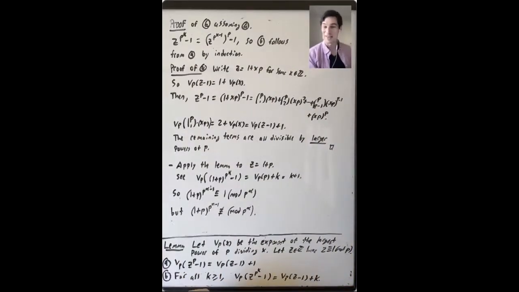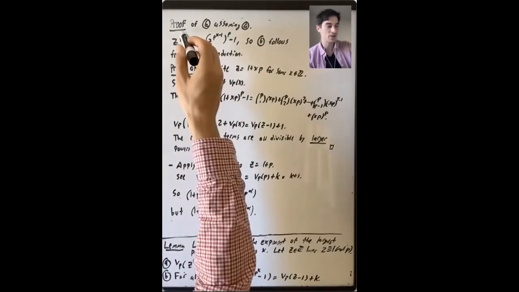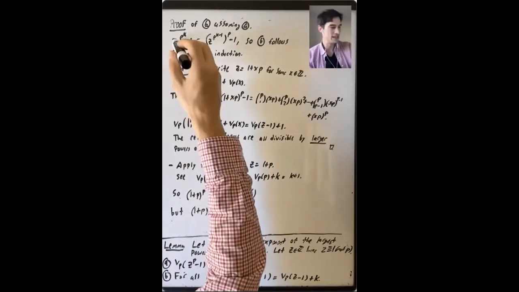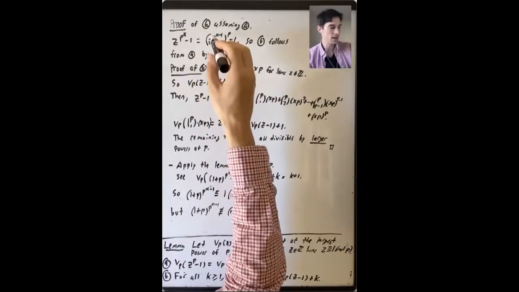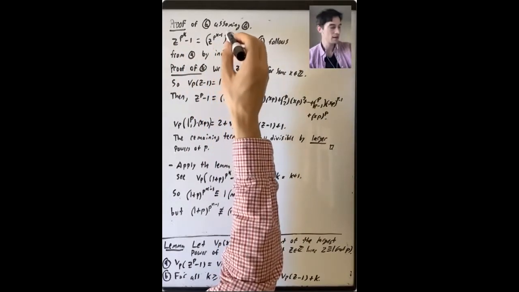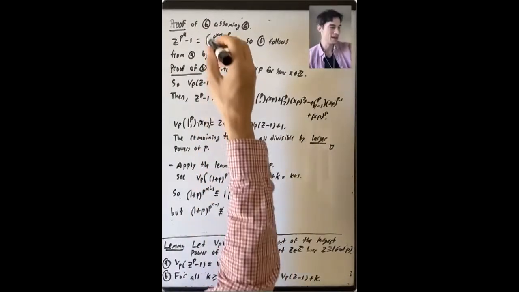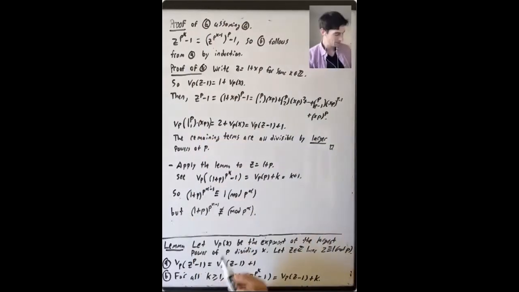And to really check that you believe that, you should just see what happens for k equals 2. Okay, so what is z to the p squared minus 1? It's z to the p, to the p, minus 1. So what happens when you apply A now with your input z being z to the p? Right, so that's the idea.